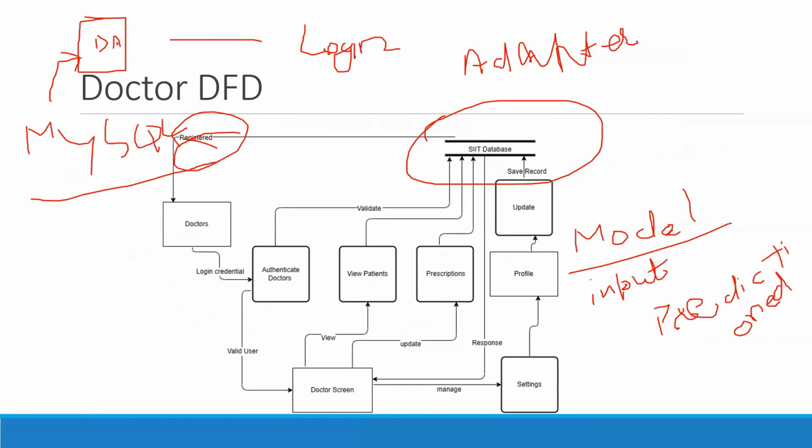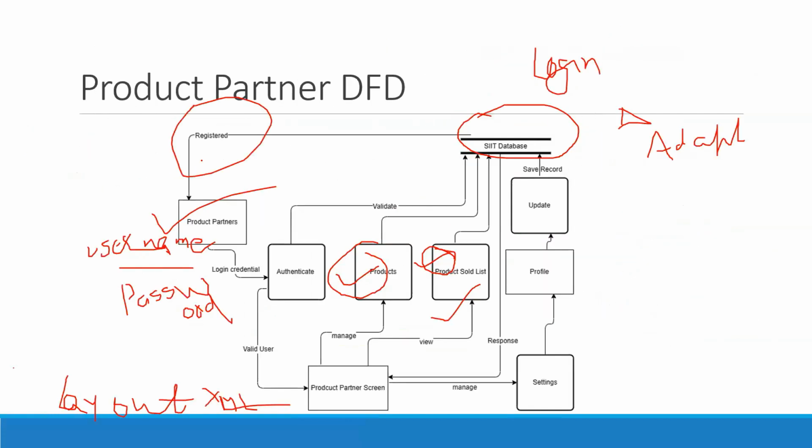Why am I not going to create this option? Because only the authorized, only the specialized, I have to manually verify that this product partner is authorized.